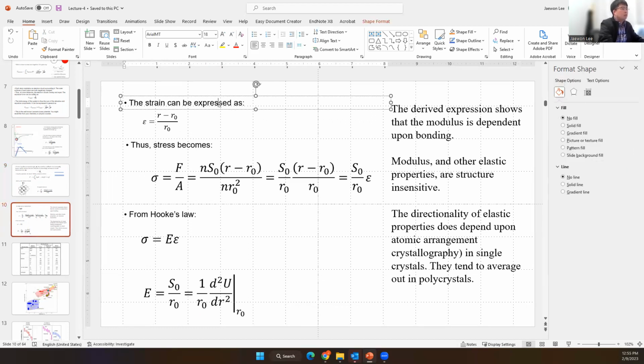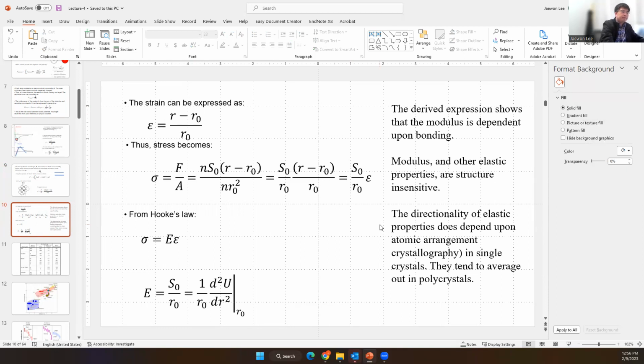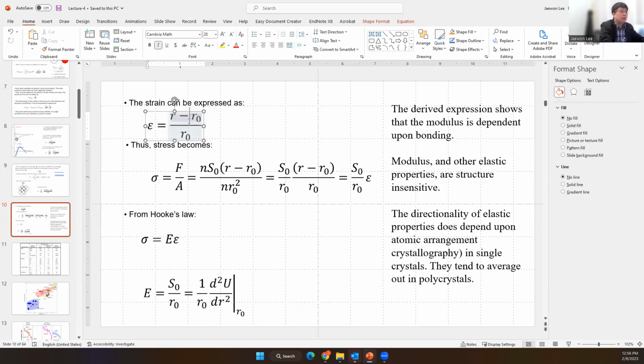Okay, we can go to the strain explanations. This is the definition of the strain, and then we can make the relation between the stress and strain based on the micro point of view.